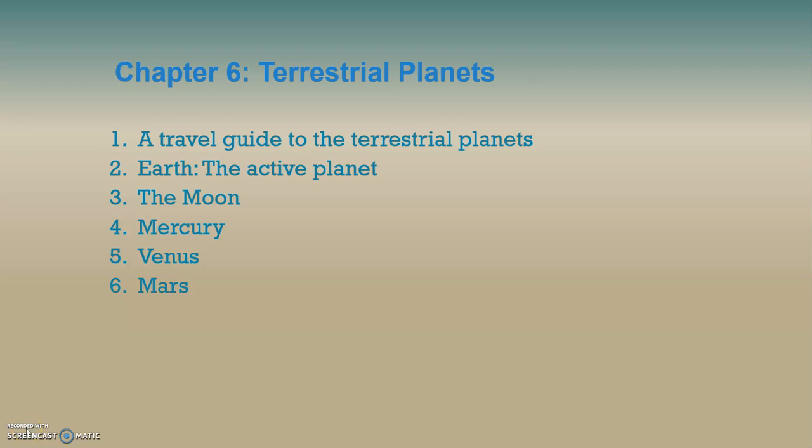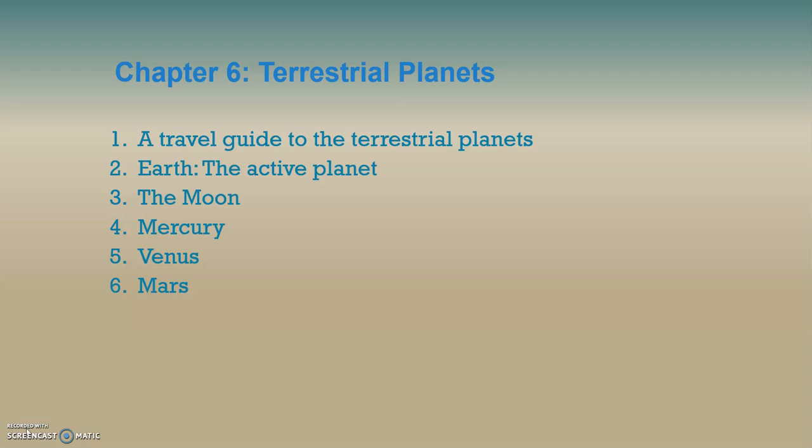Hi everyone, we're on chapter 6, the terrestrial planets. This stuff gets very interesting now because you begin to see how the entire solar system formed and the beautiful design of the whole thing. So let's get into it a bit more.